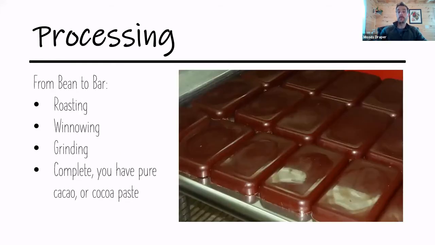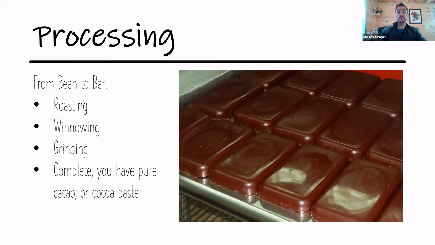So from there you have what would be called cocoa beans, and in terms of how we consume cacao in ceremony, what the chocolate industry would call cocoa paste, or what we call pure cacao, there's a couple different steps. The first is the roasting. So the cacao bean has a skin on it, kind of like an almond skin, and the cacao gets roasted.